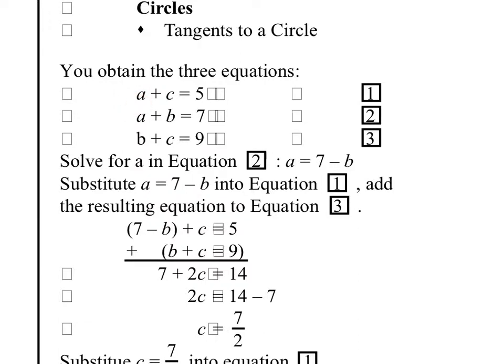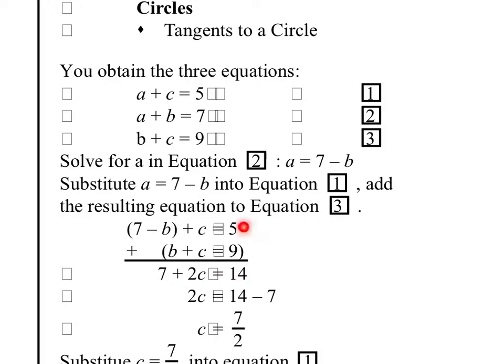They're trying to get these all to work out. Okay, I see that. So instead of A, the first one would be 7 minus B plus C equals 5. Right. I lost it actually. Okay, well we can finish it out from there.